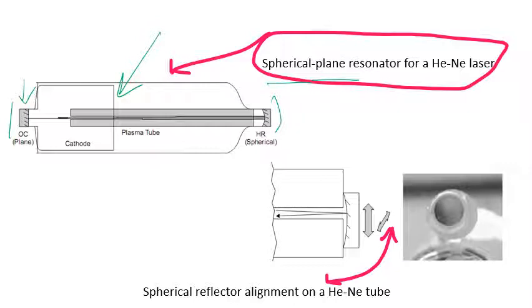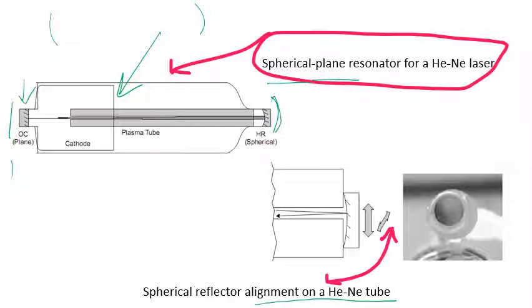Okay, this is a helium neon tube, commercially available. Commercially available, this is concave, this is plane. And here what it's showing is the alignment on a helium neon tube. We don't need to touch this one, we only need to touch this one. In case you have spherical mirrors on both sides, then you may need to align a bit.